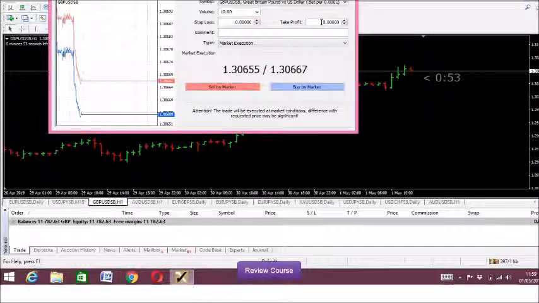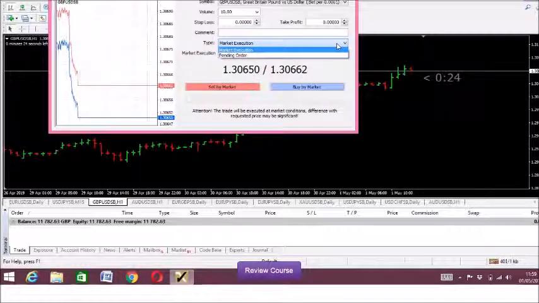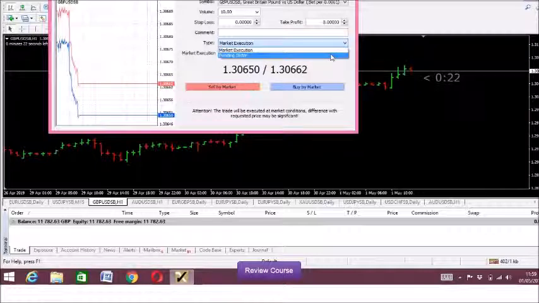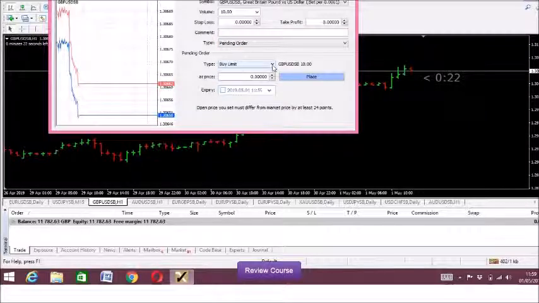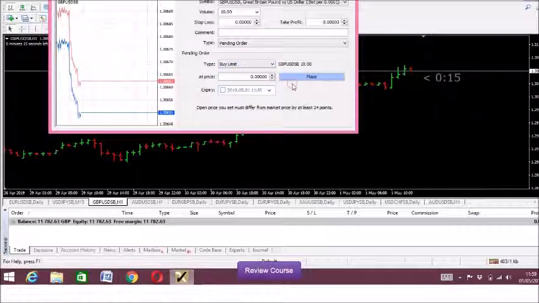Take profit is where you want to get your profit at, where you take your profit off the table. And market execution, 3 types of market execution at price, and pending orders, 2 types of pending orders, buy limit and buy stop. Buy stop is the worst price, buy limit is the best price you want to get at, right?